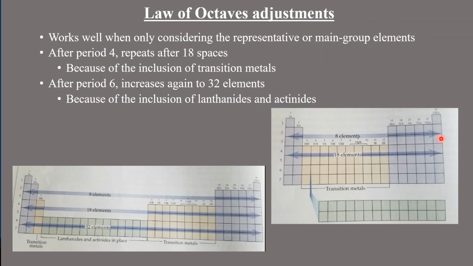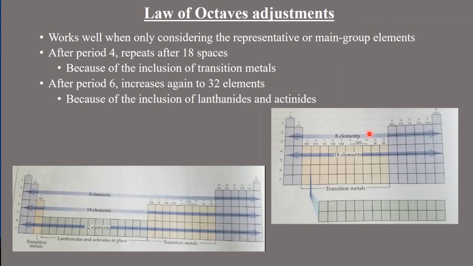But this law needs some modification if we include the rest of the elements in the periodic table. So for instance, introduction of transition metals into the periodic table causes the number of columns to swell up to 18. And in this part of the periodic table, chemical properties repeat after 18 elements instead of after every 8 elements.